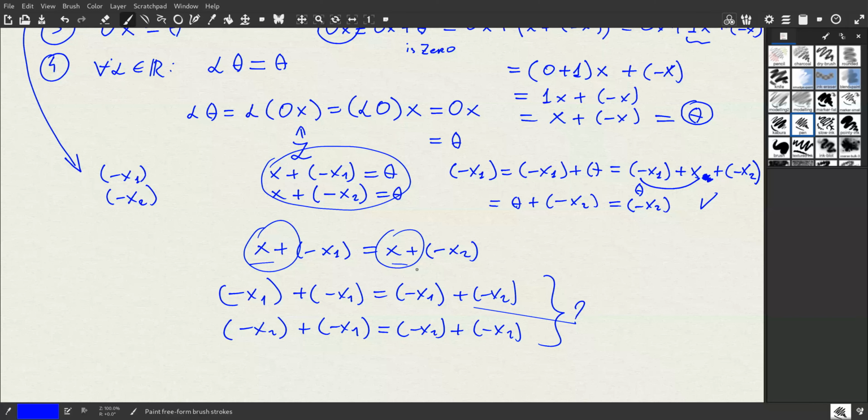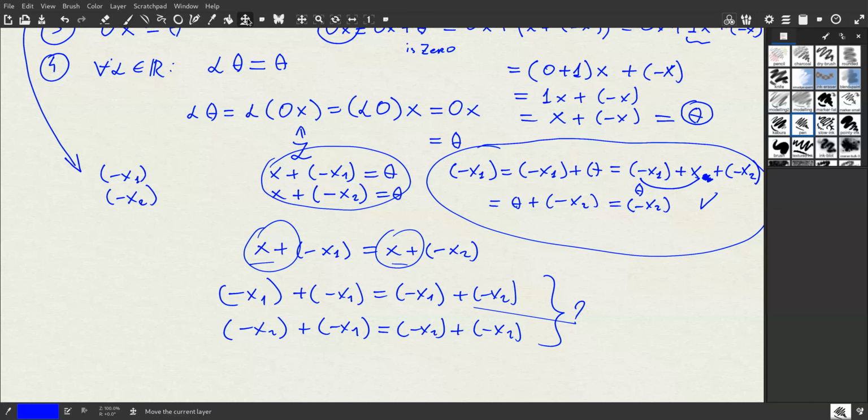Of course, once we know that minus x is unique, then we can apply minus x to both sides and prove the equality, but that's only after this has been established. So the correct way to prove this is by using this technique. Don't do cancellation until you know exactly what you are doing. Now, and only now, we can do it. That's why working with abstract concepts may be a tricky thing.